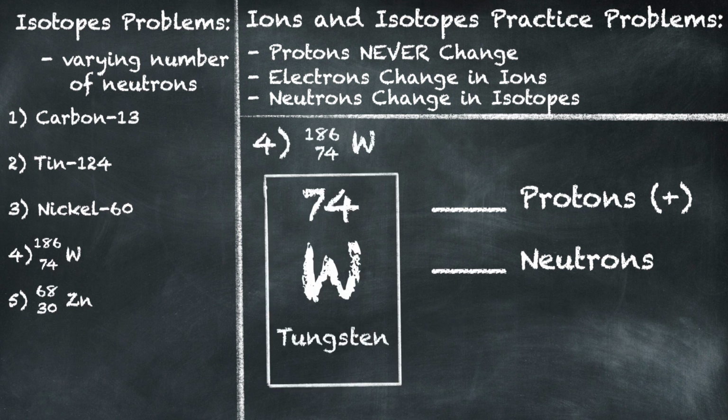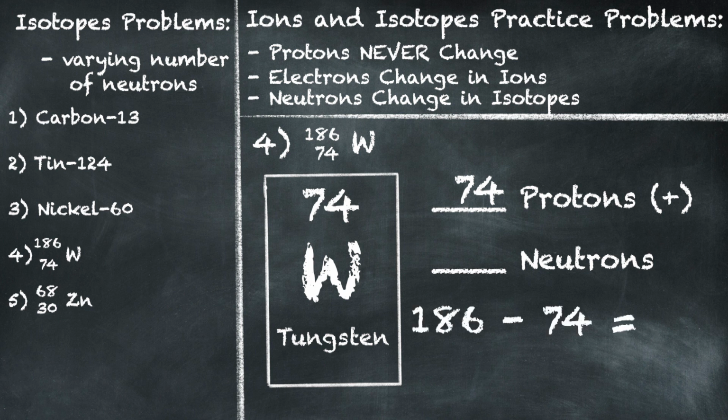Now let's work 186W. Well, W is the atomic symbol for tungsten. So this is a tungsten isotope. We know tungsten, if we look at the periodic table, has 74 protons. This 186 is telling us our new atomic mass of the isotope. So all we have to do is take our 186 and subtract 74 from it.